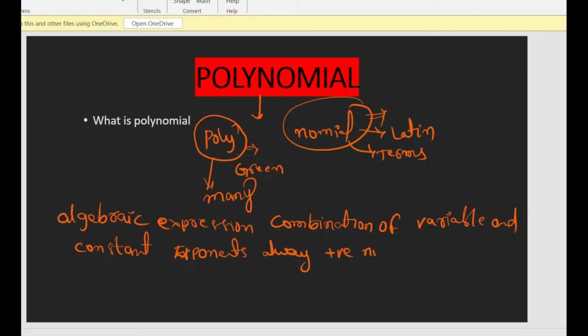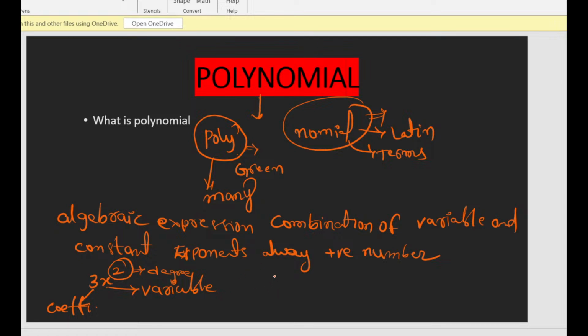For example, 3x square, it is a positive whole number. Here x is a variable, 3 is the coefficient of x square, and 2 is the degree. 2 we call as a degree. So it is an example for the polynomial.